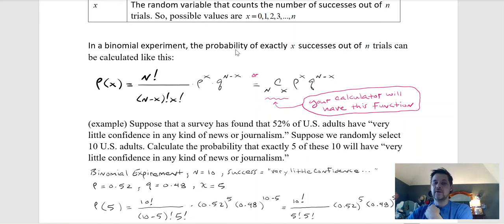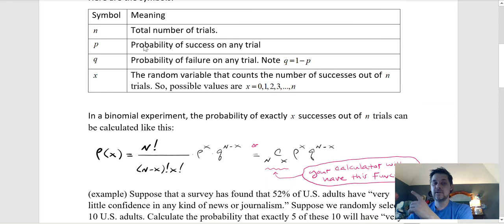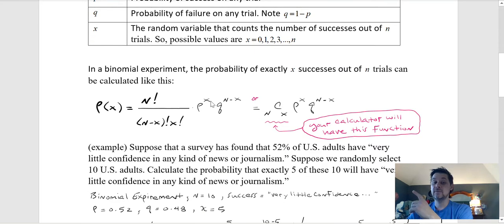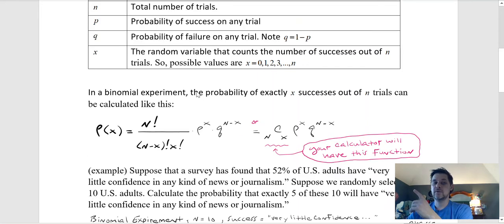So the probability of x successes in a binomial experiment out of n total trials is n factorial divided by n minus x factorial times x factorial, times p, the probability of success on any trial, to the x power, times q, the probability of failure on any trial, to the n minus x power.